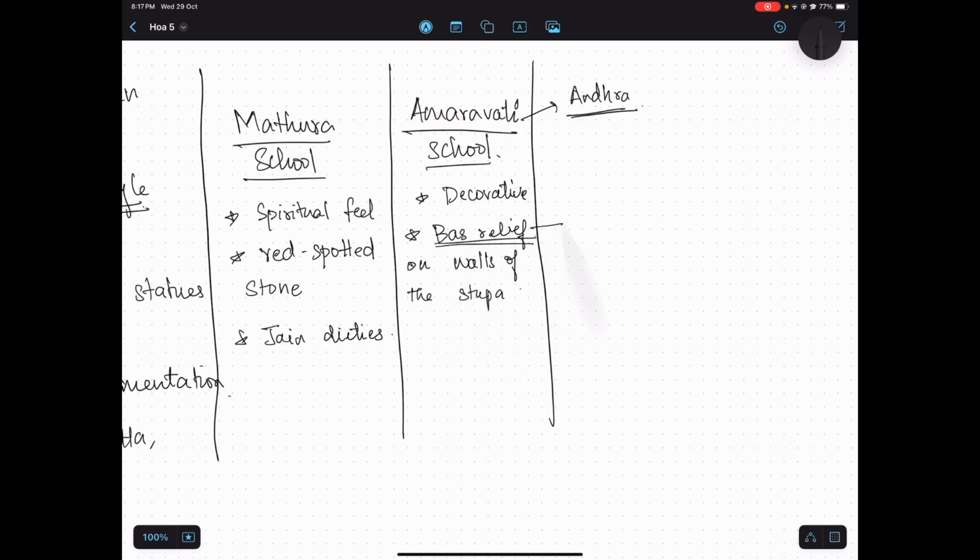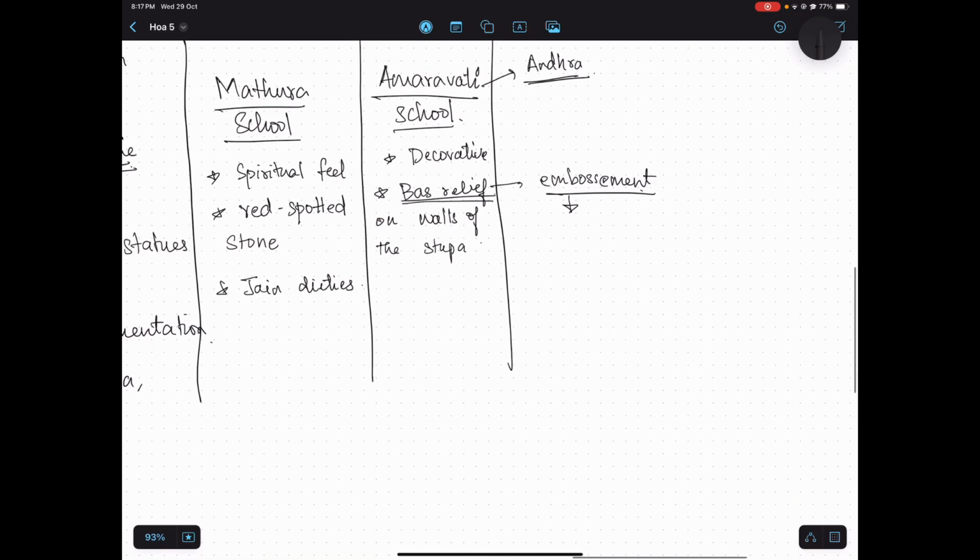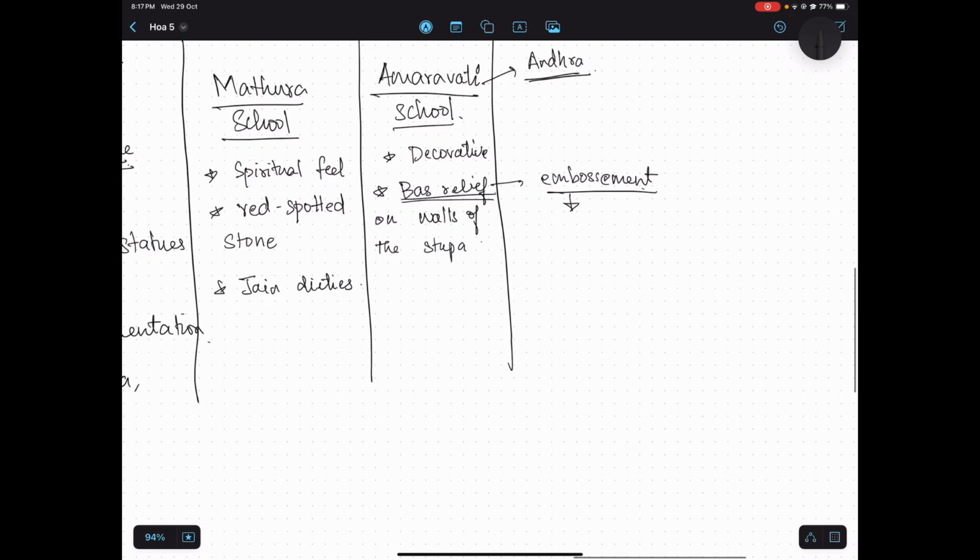These are like embossments, but not very heavy. The carvings are slightly coming out of the wall and not very high, such as in high relief. So that is bas relief on walls. And they also had a lot of decorations. And one added feature of the Amaravati stupa is the Ayaka platform.